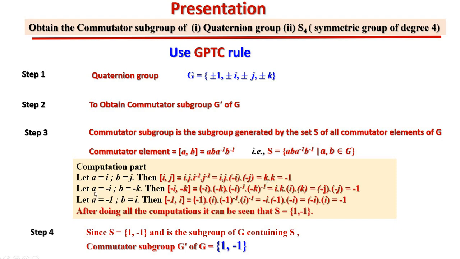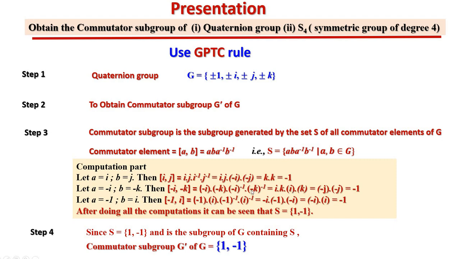Similarly, we can compute when a is minus i, b is minus k. Then you compute your commutator element a, b, that is minus i, minus k. So you have a, b, a inverse, b inverse. Then minus sign into minus sign is taken, and so you have just i into k.